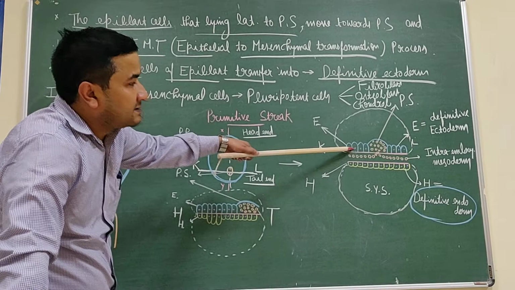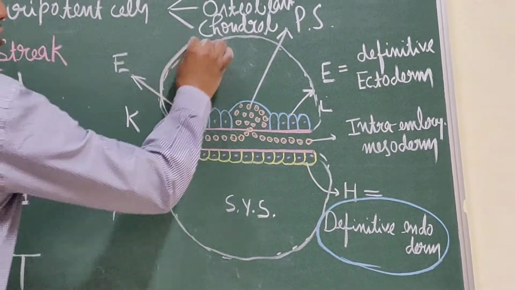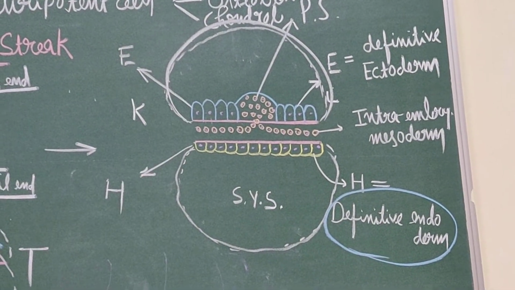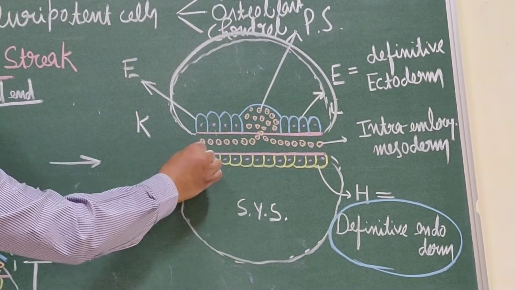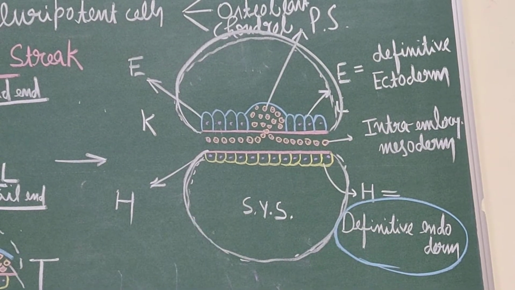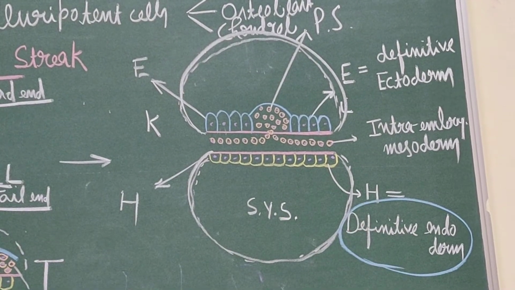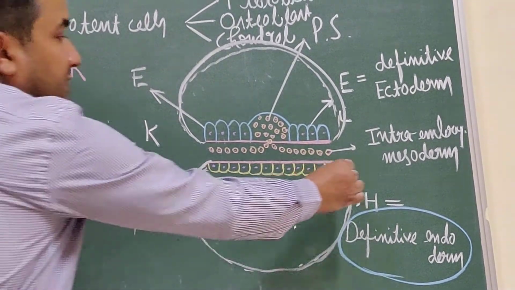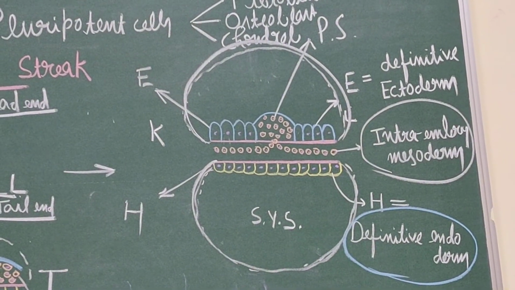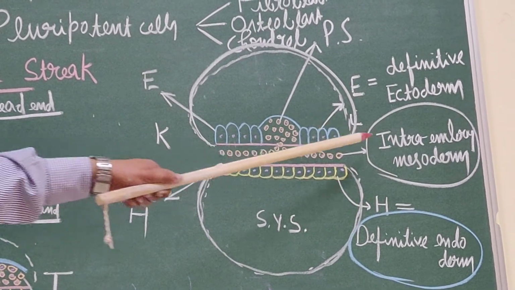The epiblast that is directed towards the amniotic cavity, this is the amniotic cavity, becomes the ectoderm. The hypoblast that is directed towards the secondary yolk sac becomes the endoderm. And in between these two is the intra-embryonic mesoderm. So the bilaminar embryonic disc changes into the trilaminar.